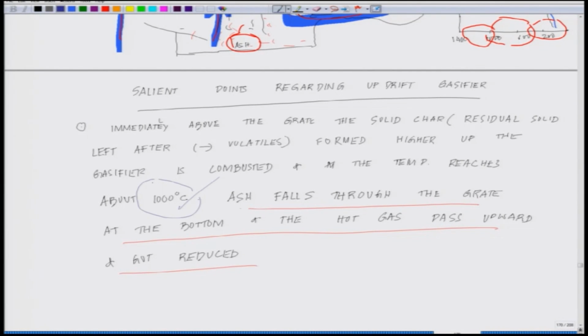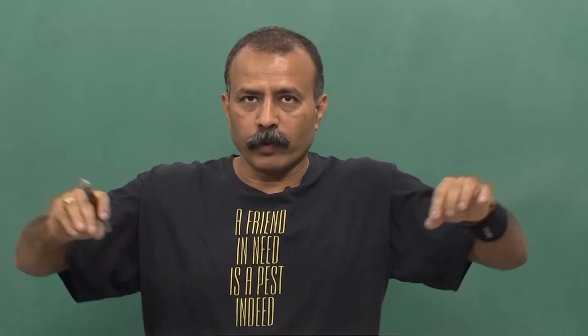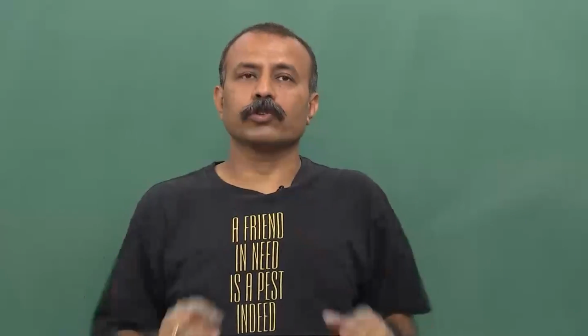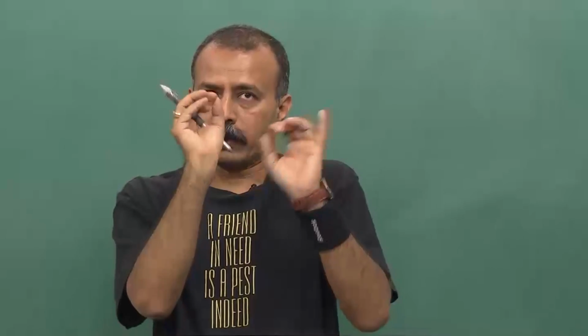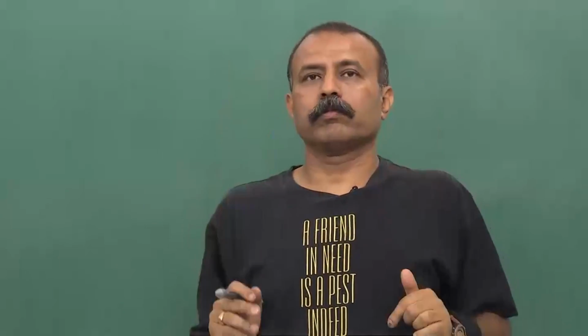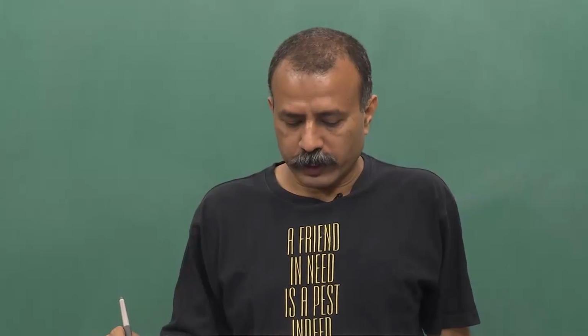The ash falls through, as we have already seen in the picture, from where you are allowing the air to flow. So, you have to ensure when the ash is falling out, it is not blocking those ports through which the air is going to go up in the stream.